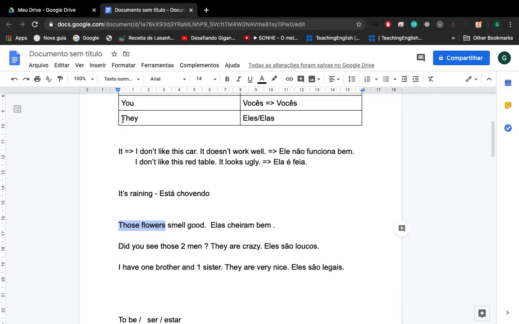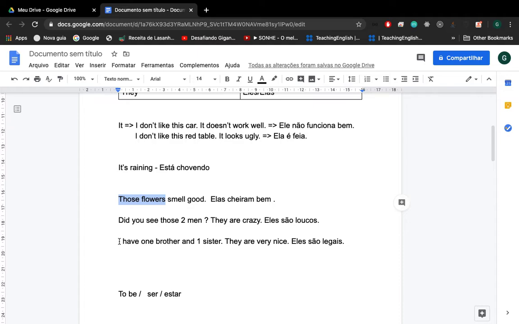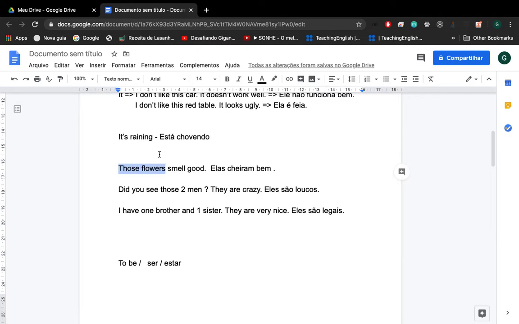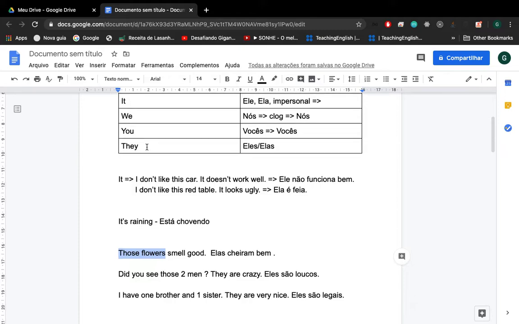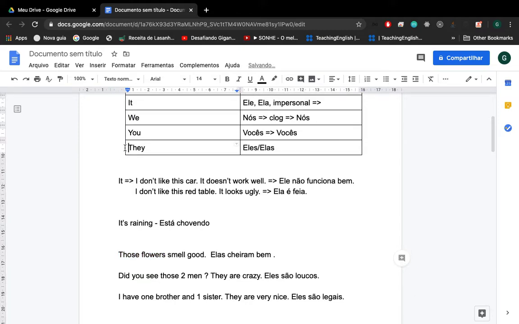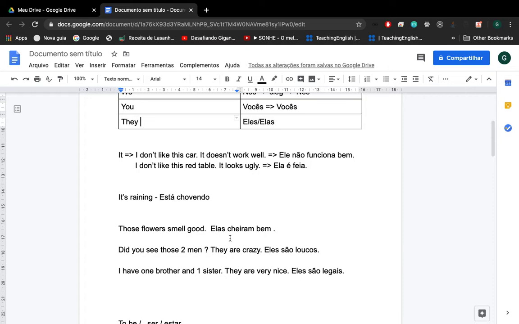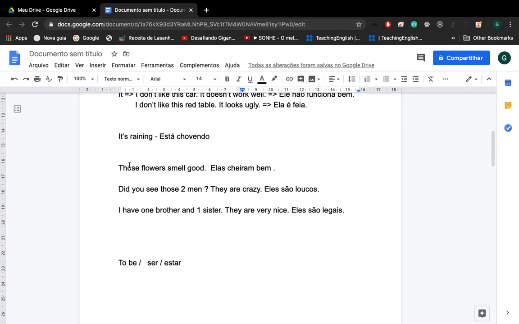If I was going to use a pronoun instead of "those flowers," which pronoun would I use in English? "They." If I had already referred to the flowers before, I would say "they smell good." If flowers are female, we're going to use elas. Those flowers smell good. Elas cheiram bem.